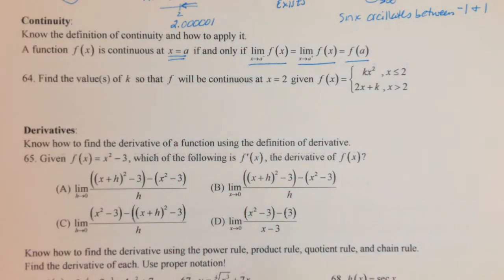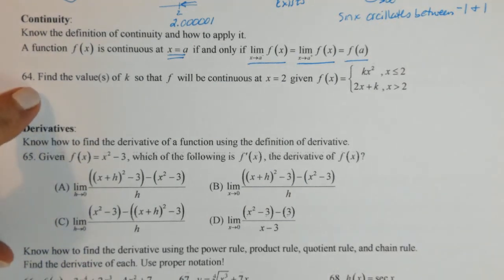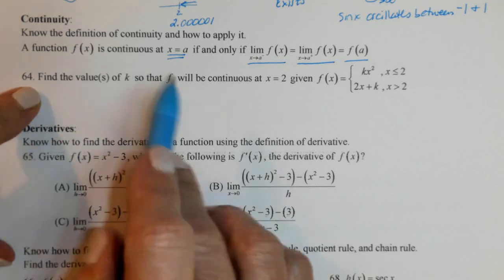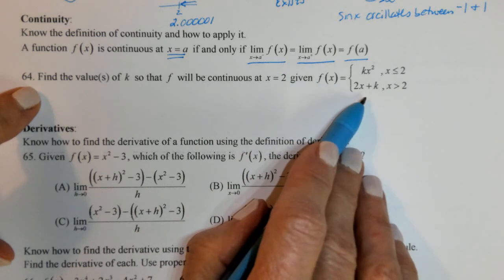All right. So a way that I might ask you, if you know the concept of continuity, is like this problem, number 64. Find the value or values of k so that f will be continuous at x equals 2 given this piecewise function.